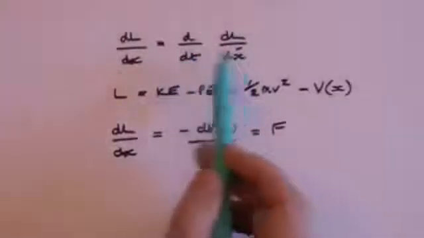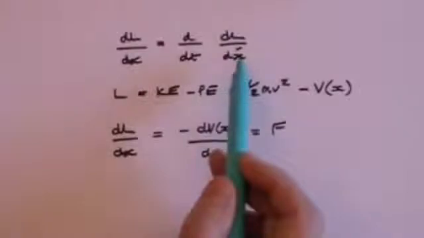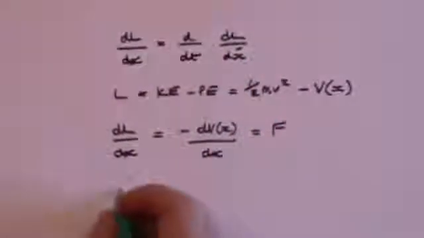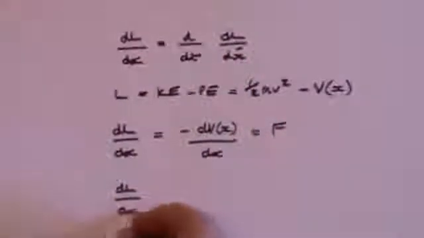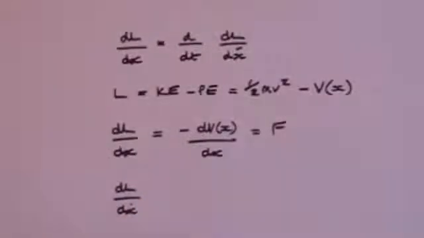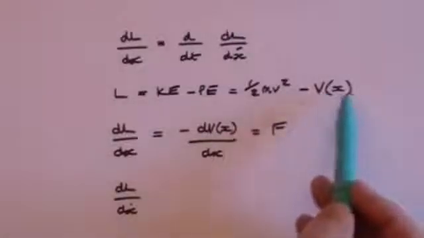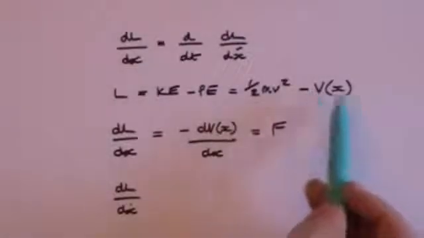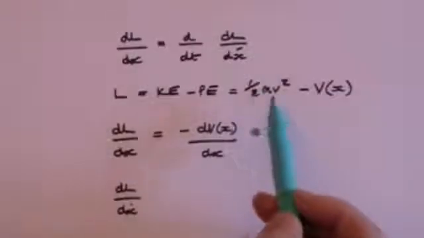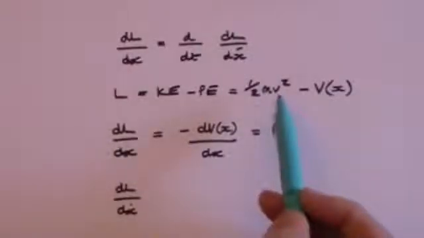Now let's go to this side of the equation, and first we'll do dL by dx dot. We actually want the time derivative of that, but firstly we'll just do dL by dx dot. Well, there is no x dot in the potential energy, so you'll get nothing from that. This is a half m x dot squared, because the velocity is x dot.